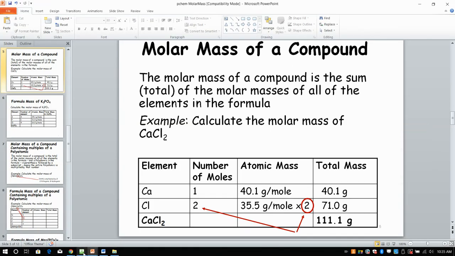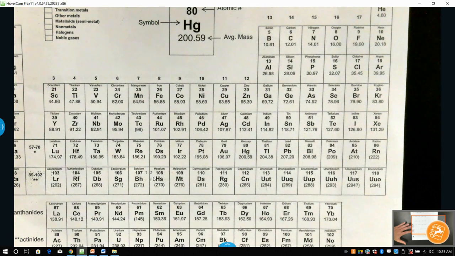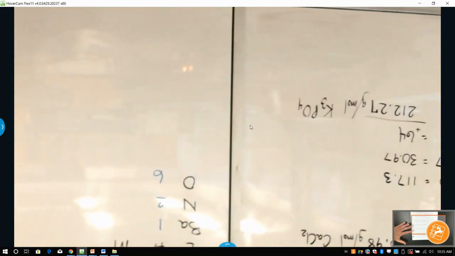So if I showed an example of that, of CaCl2, let me do this. Let's go up top and let's rotate the screen.